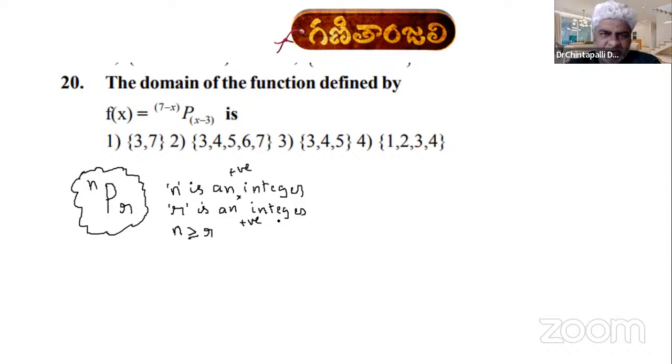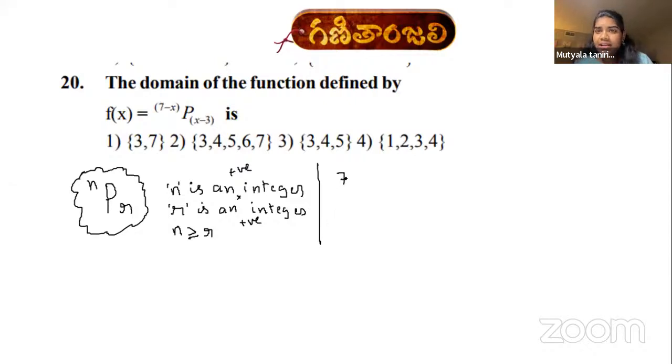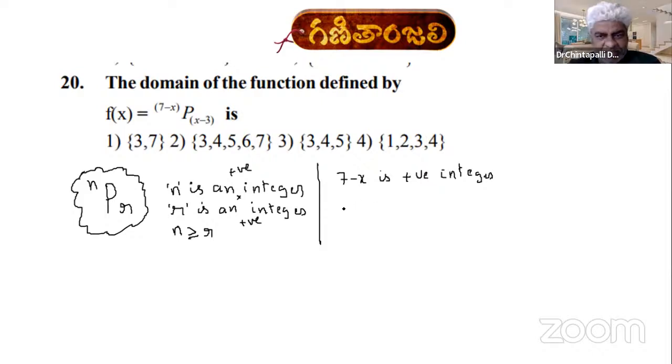That means 7 minus x is a positive integer. Next, x minus 3 is a positive integer.